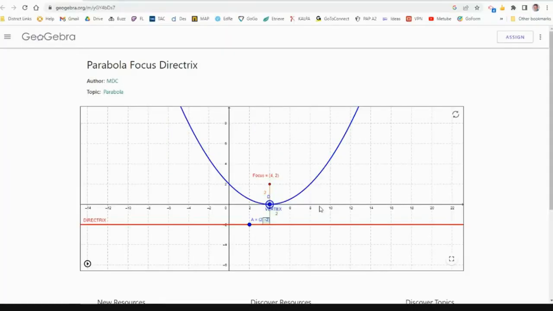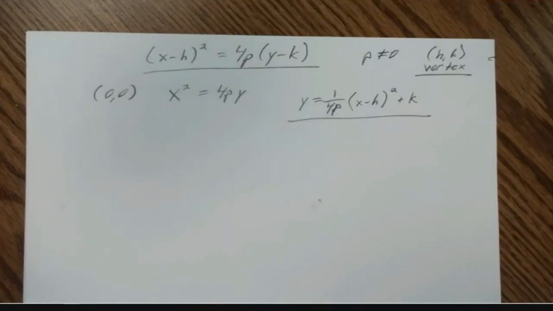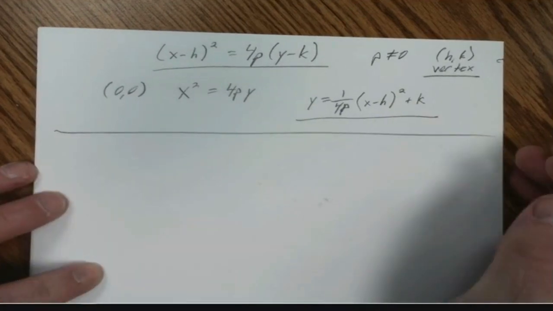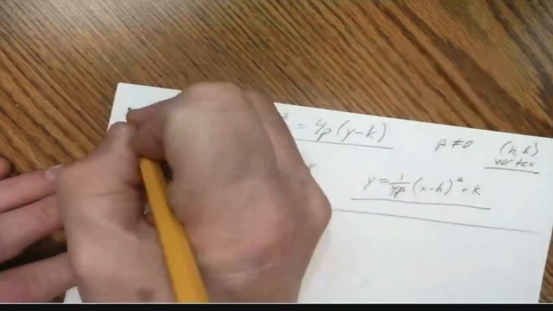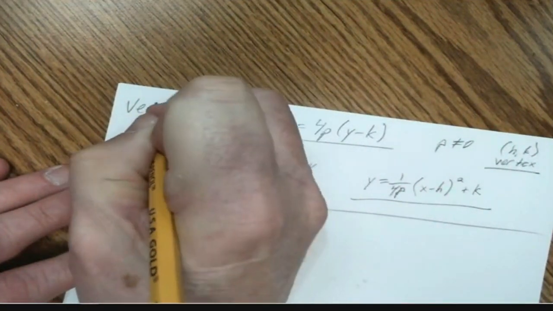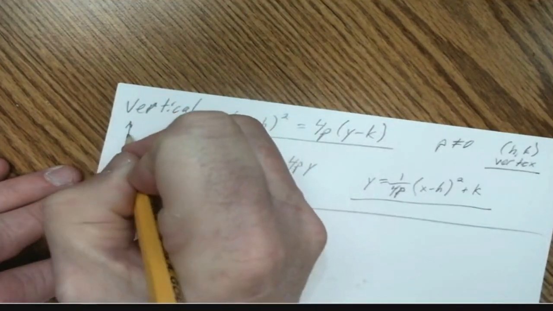All right, so let's go back to here. We're going to take the standard equation and work a problem with it. By the way, this is for a vertical parabola, which means it goes up and down.